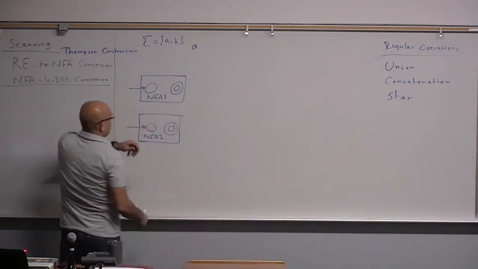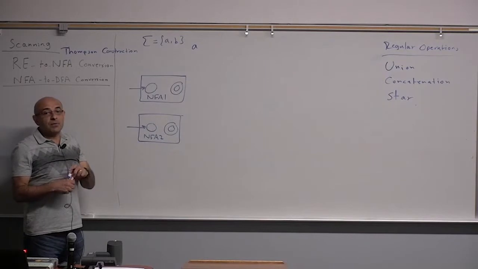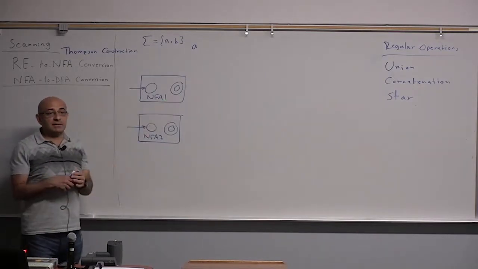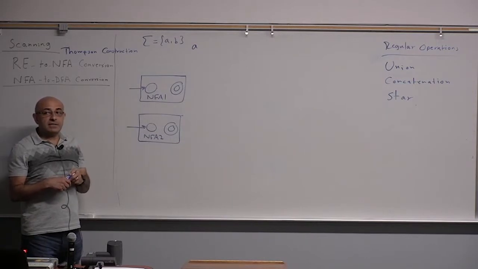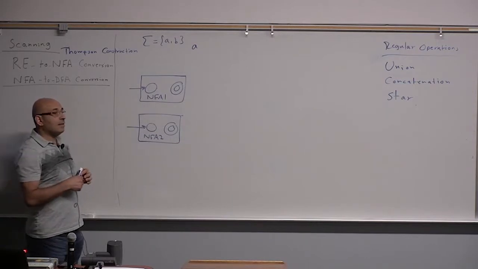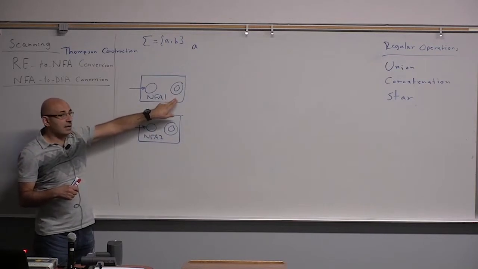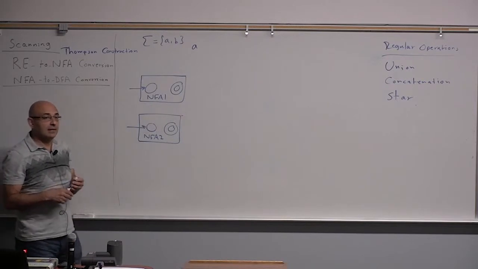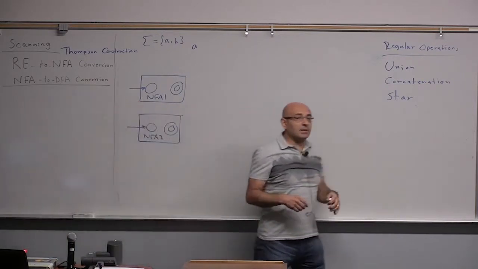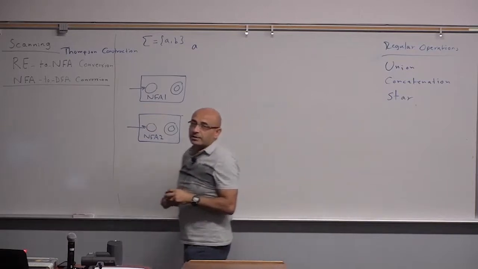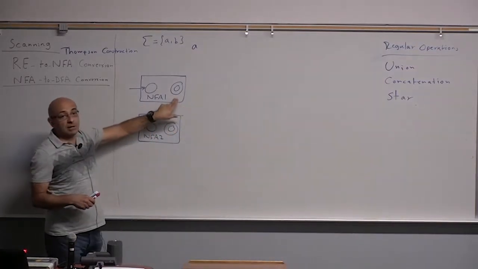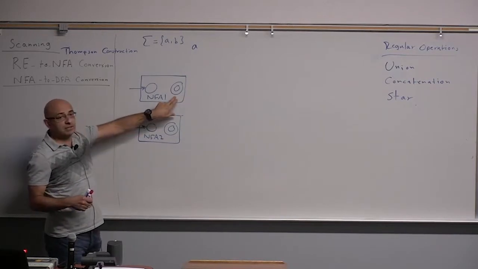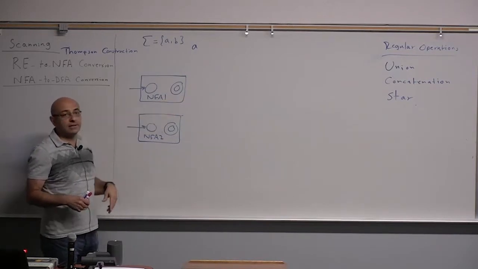Now, the question is, can I assume, without any loss of generality, that an NFA has a single accept state? Is this a valid assumption or not? That every NFA has a single accept state? On the surface it may look like we are losing generality by making this assumption, but in fact we are not. I can assume without any loss of generality that every NFA has a single accept state.